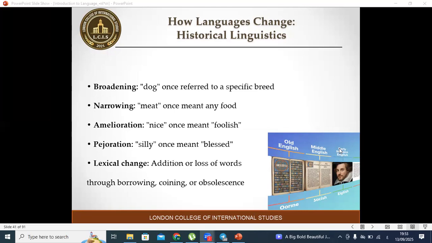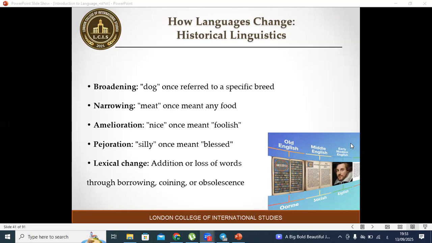Broadening: dog once referred to a specific breed. Narrowing: meat once meant any food. Amelioration: nice once meant foolish. Pejoration: silly once meant blessed.